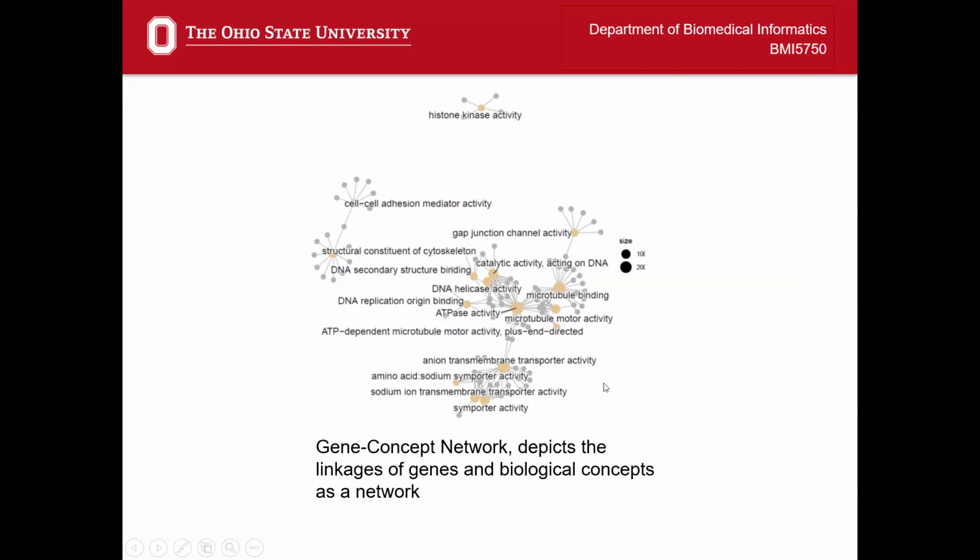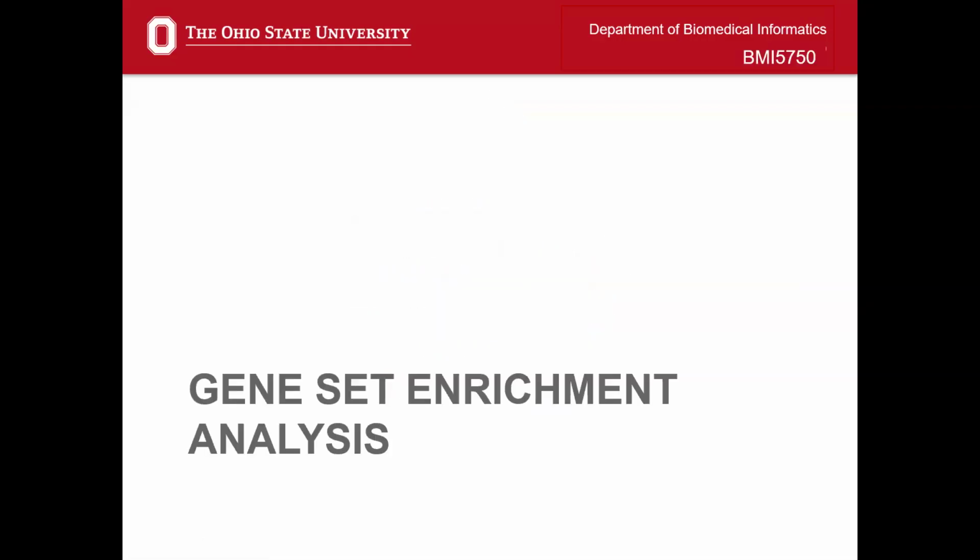Then there's more connected ones over here. So this is like modules of gene terms. Here would be one module, here's another module, and then there's histone kinase all by itself. Okay.